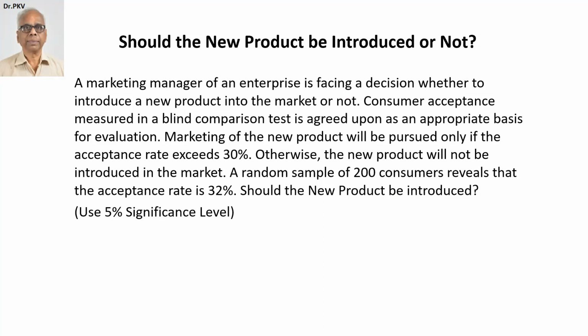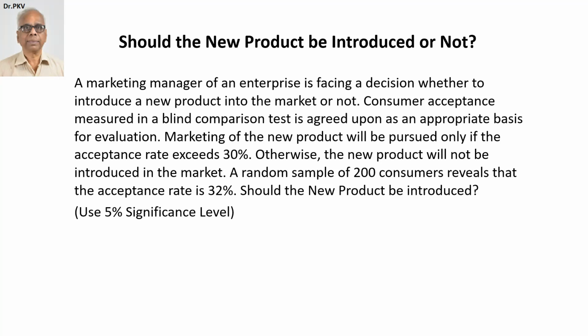Let's look at the problem. A marketing manager of an enterprise is facing a decision whether to introduce a new product into the market or not. Consumer acceptance measured in a blind comparison test is agreed upon as an appropriate basis for evaluation. Marketing of the new product will be pursued only if the acceptance rate exceeds 30%.